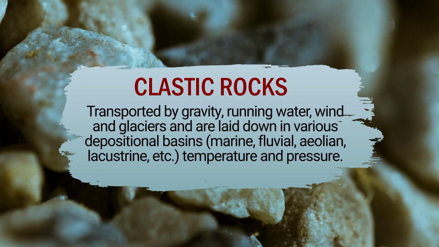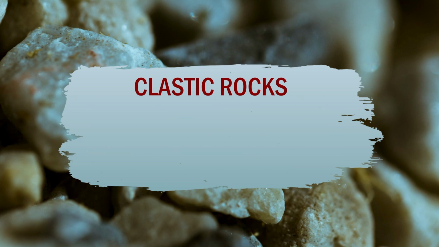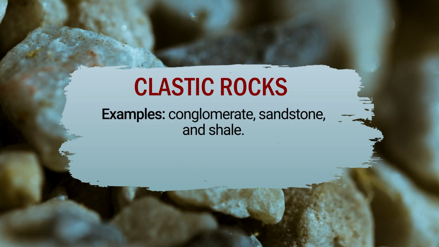Transported by gravity, running water, wind and glaciers, they are laid down in various depositional basins like marine, fluvial, aeolian, lacustrine, which depends on temperature and pressure. Some of the examples of clastic rocks are conglomerate, sandstone and shale.